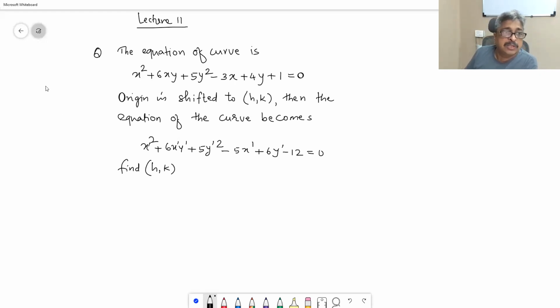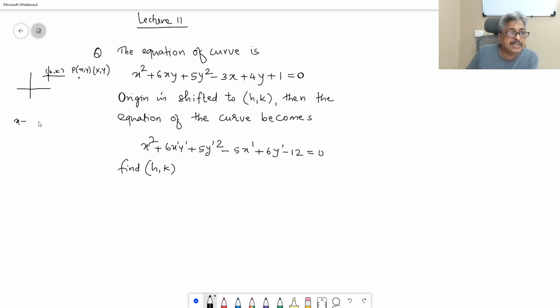So let me just revise what we have done yesterday. Suppose this is the old system, and we shift origin to h comma k here. If old point P was x comma y and new was capital X and small x, what were the two formulae that we have written yesterday?